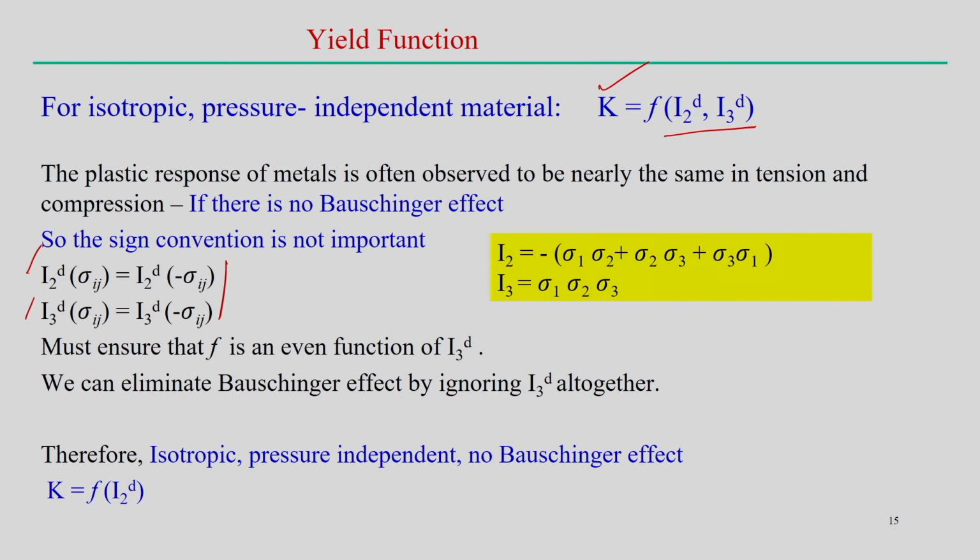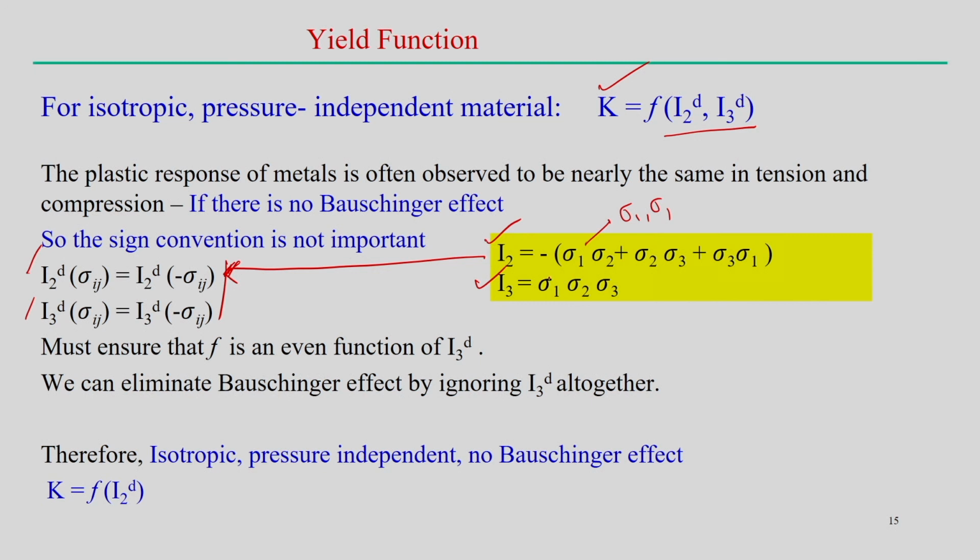We have seen the second and third stress invariants, I2D and I3D. If we change the sign of sigma 1, sigma 2 and sigma 3, that is, sigma 1 to minus sigma 1, sigma 2 to minus sigma 2 and sigma 3 to minus sigma 3, then the expression of I2 does not change, it remains the same. So it satisfies this functional form.